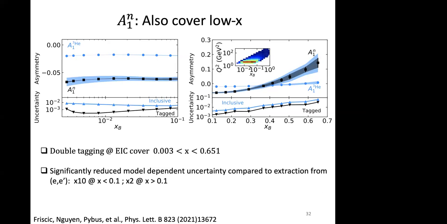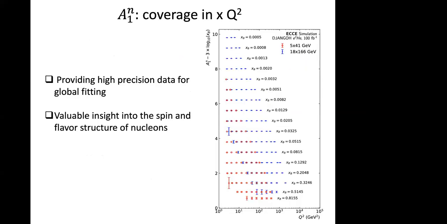And one more thing, we extended this study a little bit for different kinematic settings of the actual measurement. This plot on the right side shows you the coverage of the A1N as a function of both X and Q square for two different kinematic regions. For our paper, we already studied the 5 by 41. And now we have another larger kinematic region.